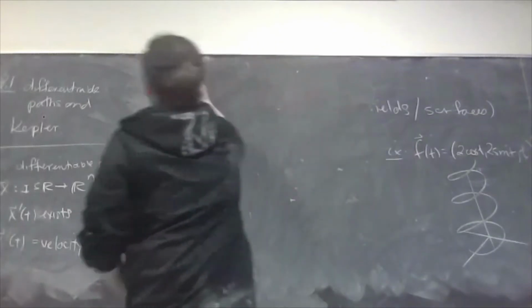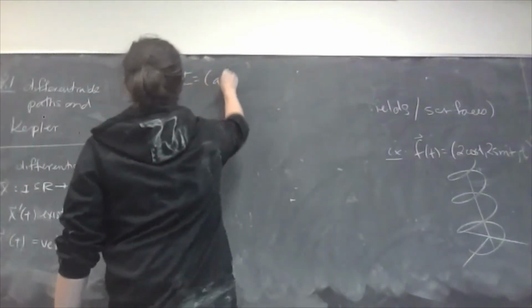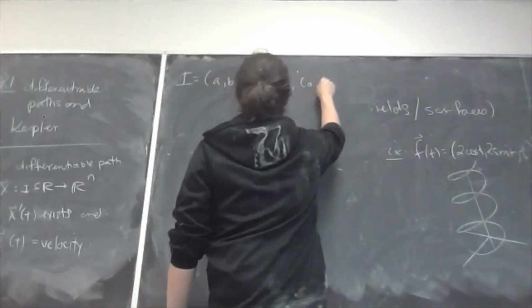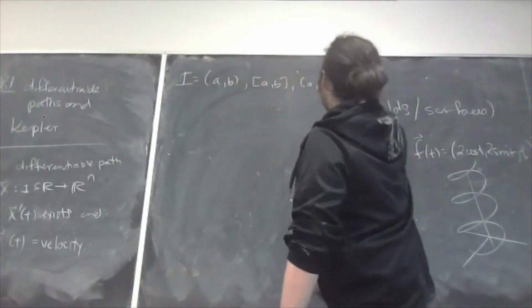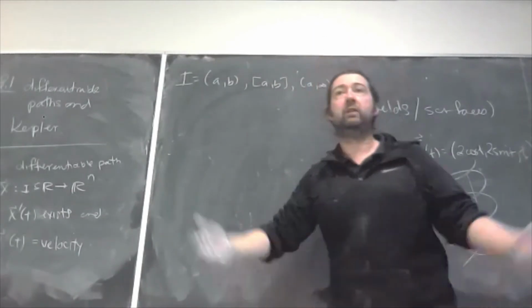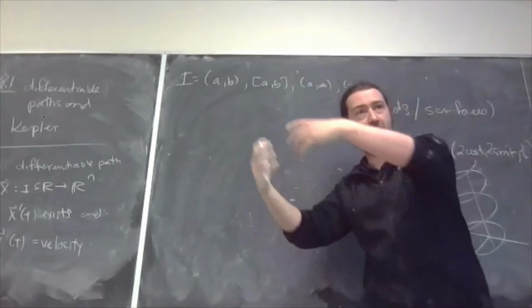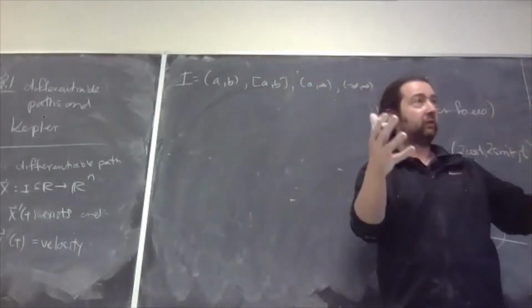I is an interval. By that I mean anything of the form (a,b) or [a,b] or a to infinity or what have you. It could be negative infinity to infinity. The point is, whatever I is, it has to be an interval. I want a path to have a notion of motion from earlier to later, so I have to have intervals. I don't want them to jump in space.